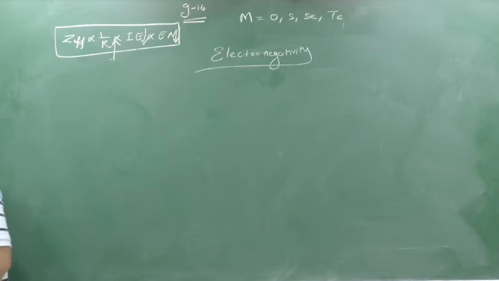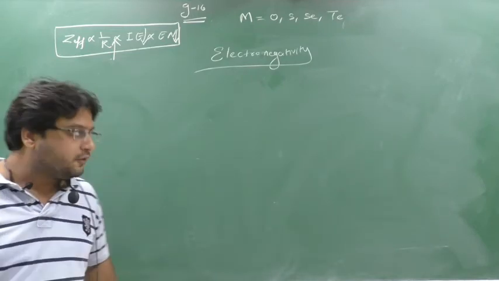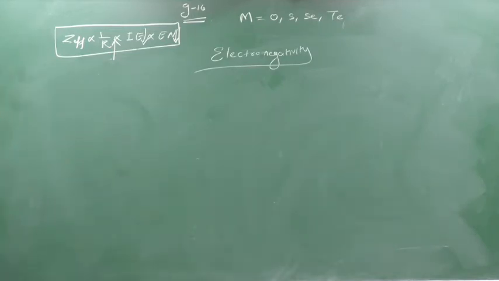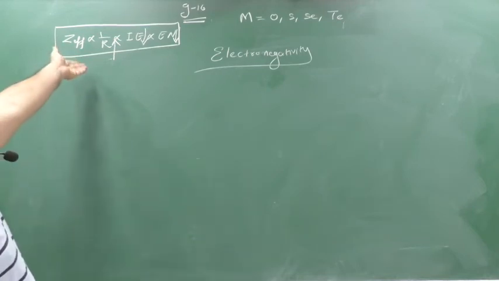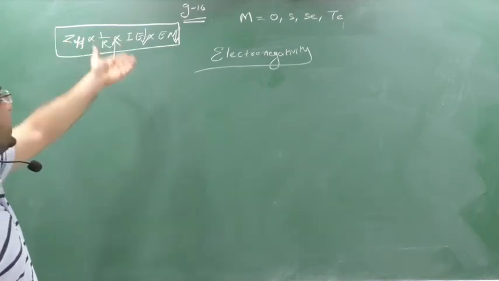From other atom during the formation of bond. Clear? So as we know, radius increases, Zeff decreases, electronegativity also decreases.